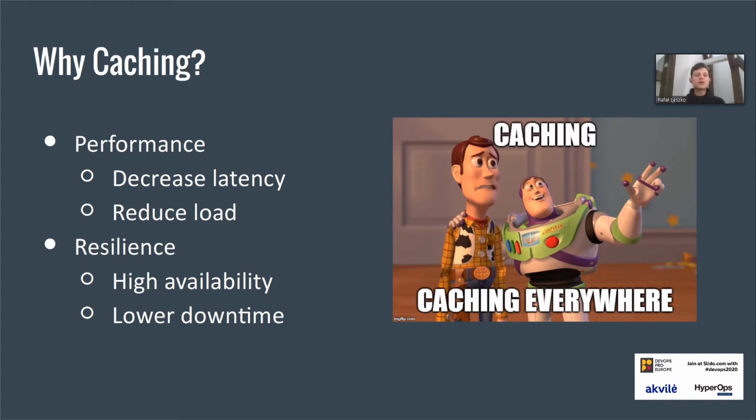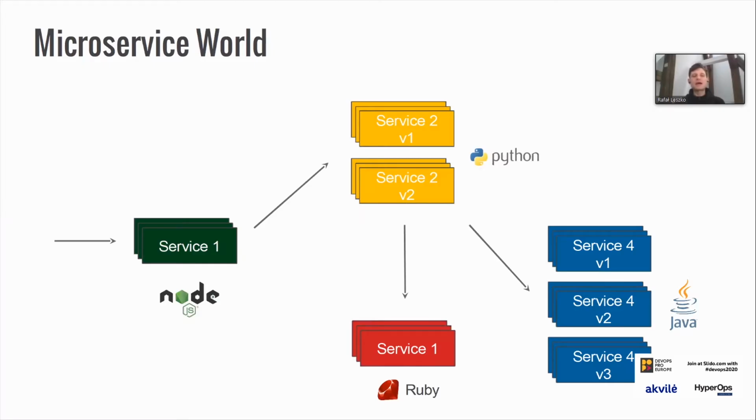But now, how does it all look in a microservice world? What you see here is a classic microservice architecture. We have services. They can be written in different programming languages. They use each other. They have versions.